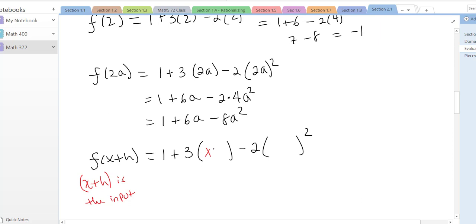And the input is x plus h. And so what does this become? 1 plus 3, distribute the 3 in. So 3x plus 3h minus 2 times, remember, order of operations, so we have to do exponents.